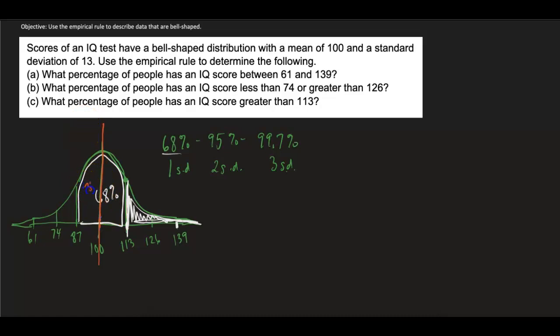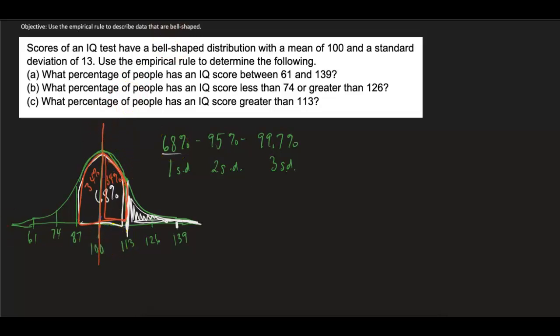In other words, 34% is on this side and 34% is on this side, but still within 1 standard deviation of the mean. And you may even see images in your text that say this is 34% instead of just using the 68.